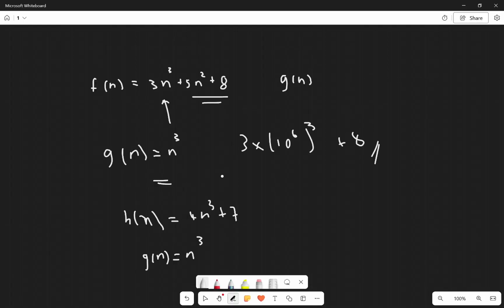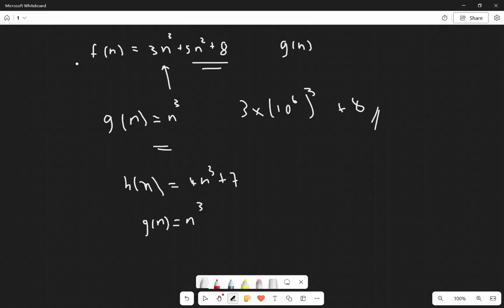For both of these functions, this one and this one, we have the same gn value because it's actually about finding the class a particular function belongs to. So in this scenario, it's the n cube class. So we find gn like that.